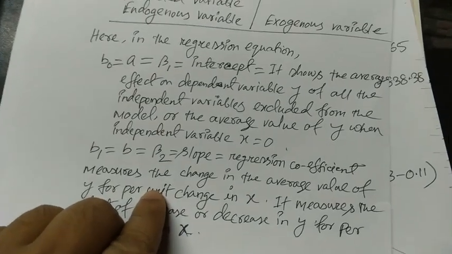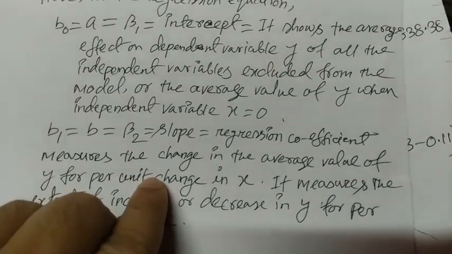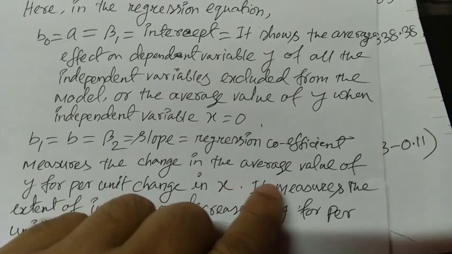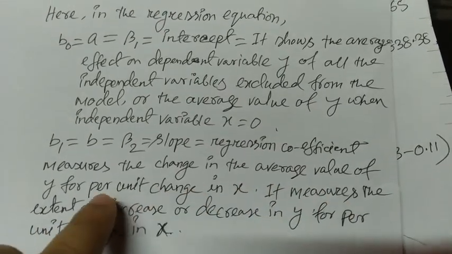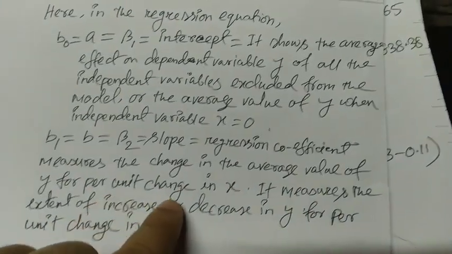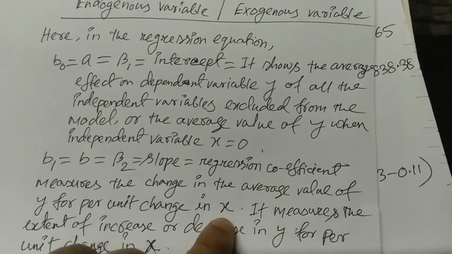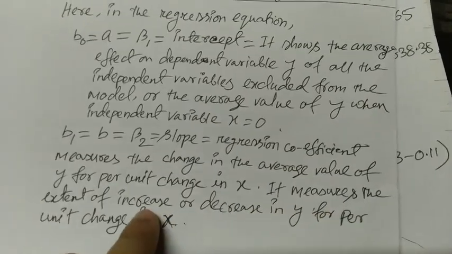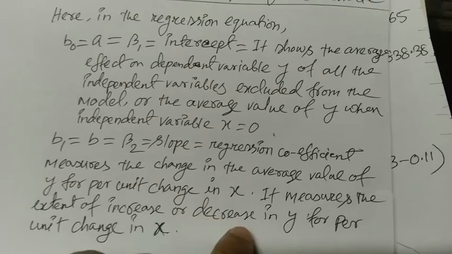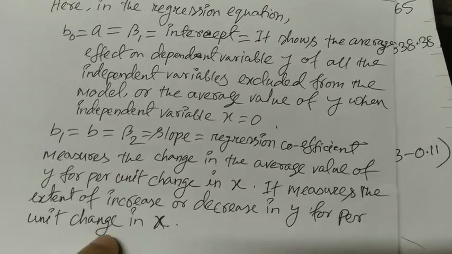This regression coefficient measures the change in the average value of y for per unit change in x. That means it measures the extent of increase or decrease in y for per unit change in x.